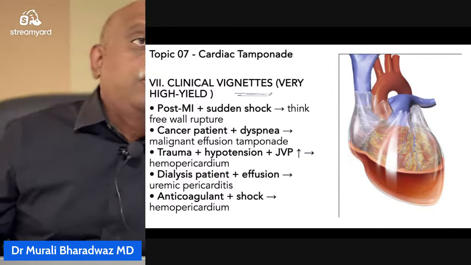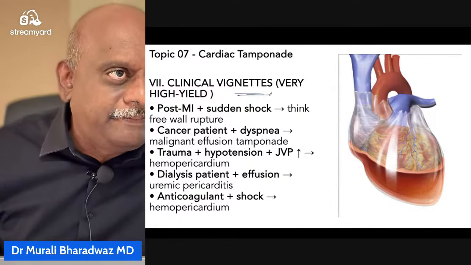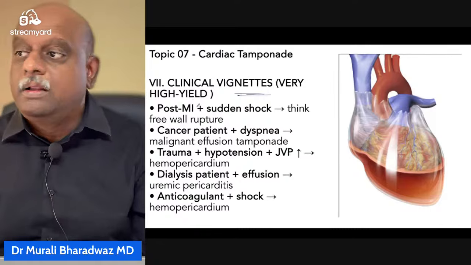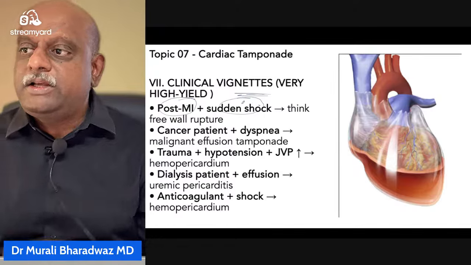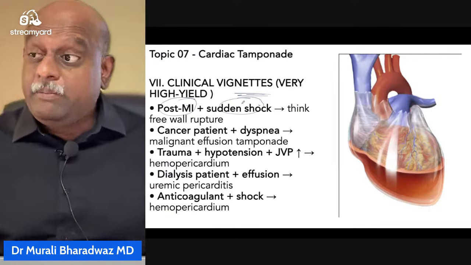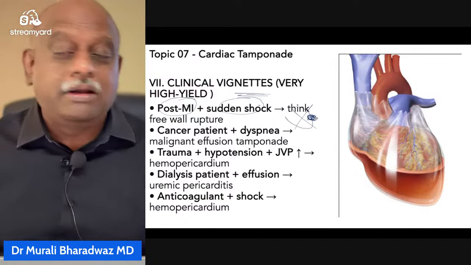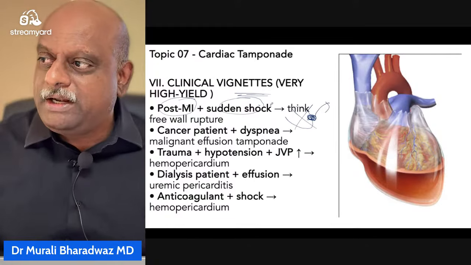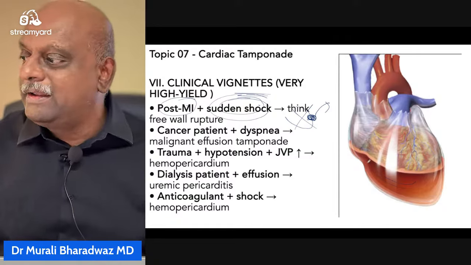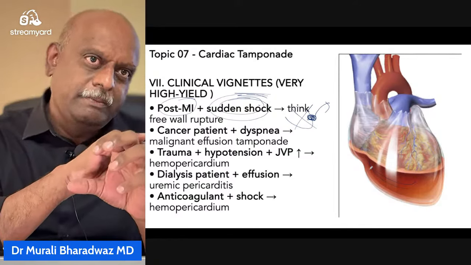Now, few important clinical vignettes in the NEET PG and USMLE exam you have to be sure about. After MI, whenever there is any sudden shock, what is the possibility? MI has caused the weakening and necrosis of the free wall that undergoes rupture, leading to tamponade. Blood in the heart chamber moved into the pericardium.